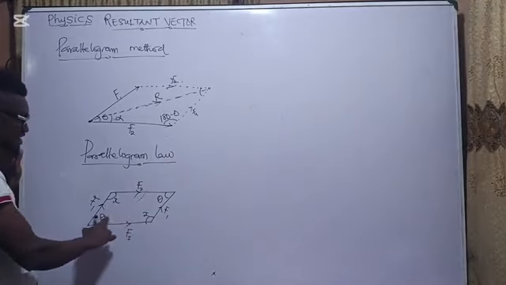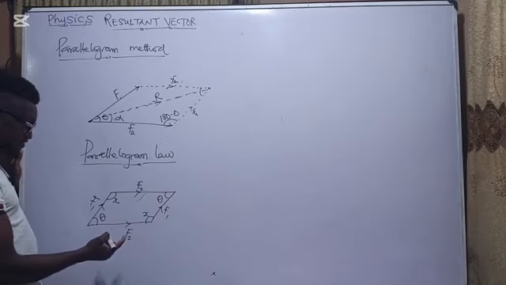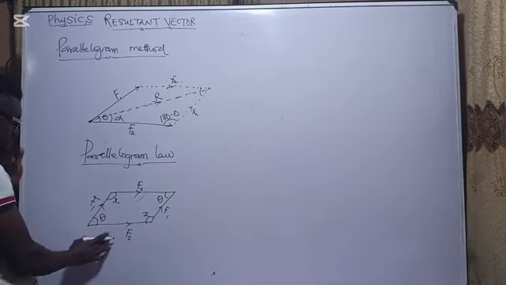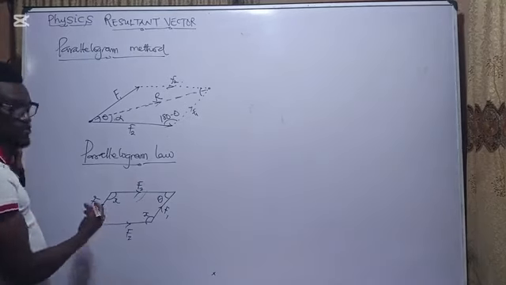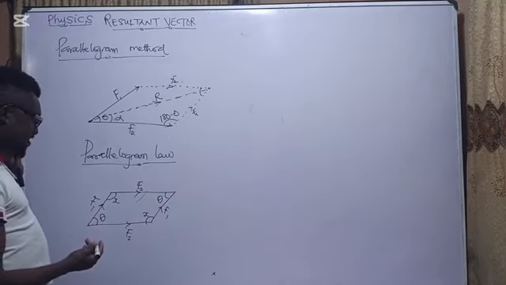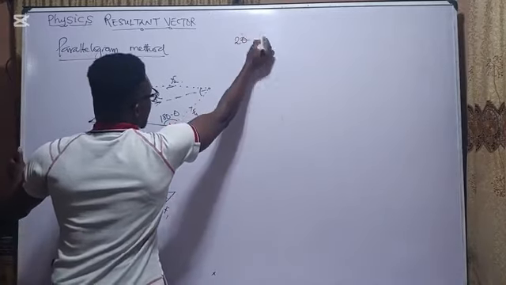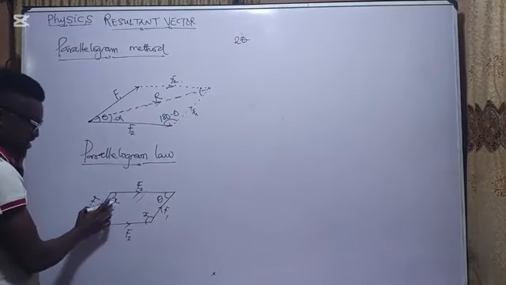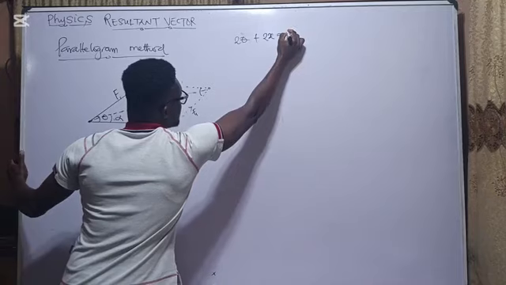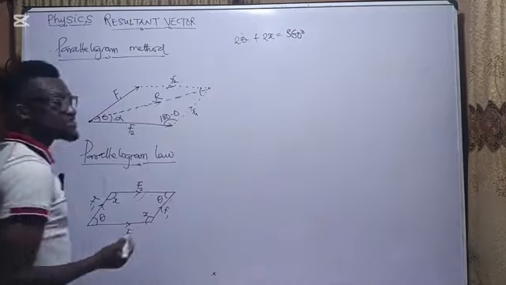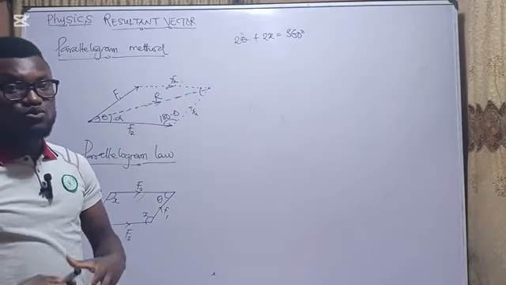Now, we are looking for the value of x. You remember the sum of angles in a quad is 360 degrees, right? So in that case, we have 2 theta and 2x. If you sum it, it will give you 360 degrees, because the sum of angles in a quad is equal to 360.